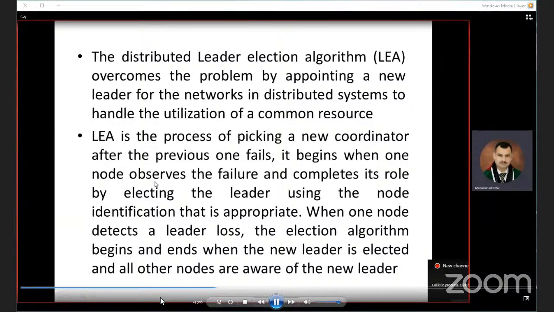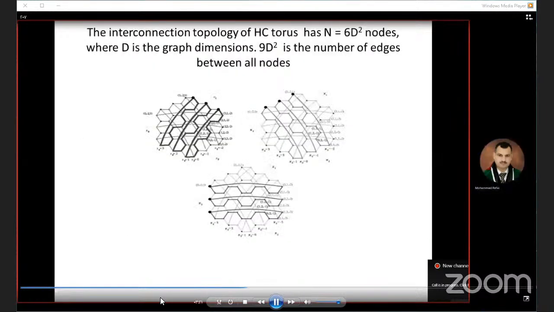It begins when one node observes the failure and completes its role by electing the leader using the appropriate node identification. When one node detects a leader loss, the election algorithm begins and ends when the new leader is elected and all other nodes are aware of the new leader.